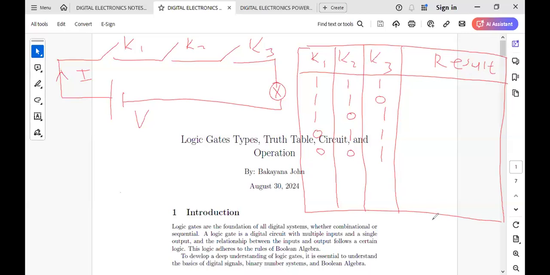Tell me another possibility. So far, these are 6. Open, open, closed. Open, open, open. There should be another one. Let us give a chance to someone here. Queen.